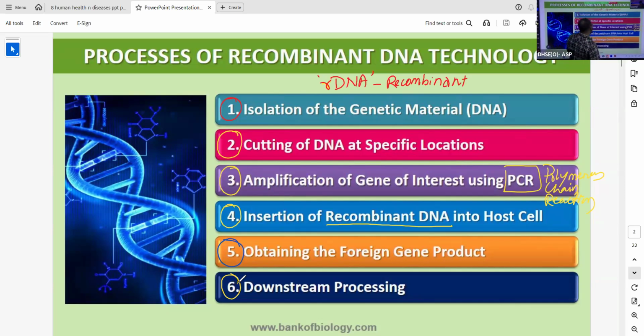Finally, obtaining the foreign gene product, and lastly, downstream processing, that is extracting the product and putting it under certain steps like filtration, removal of impurities, so that it can be finally ready for usage. That is known as downstream processing.